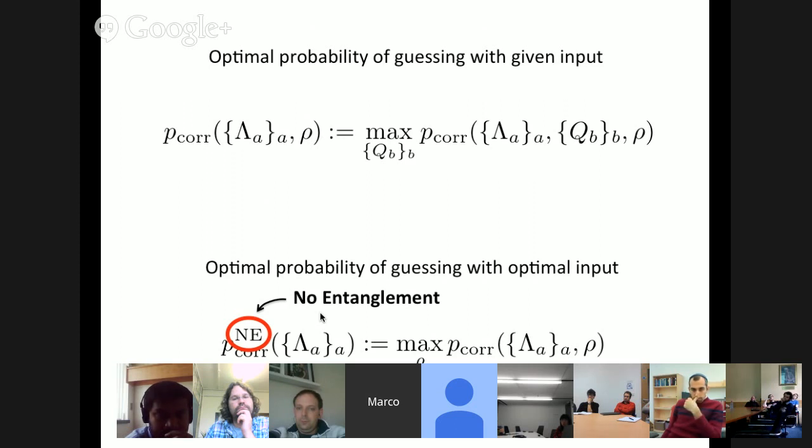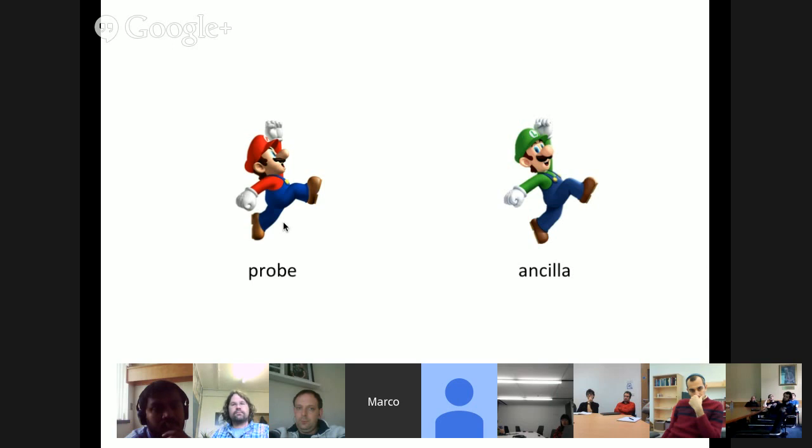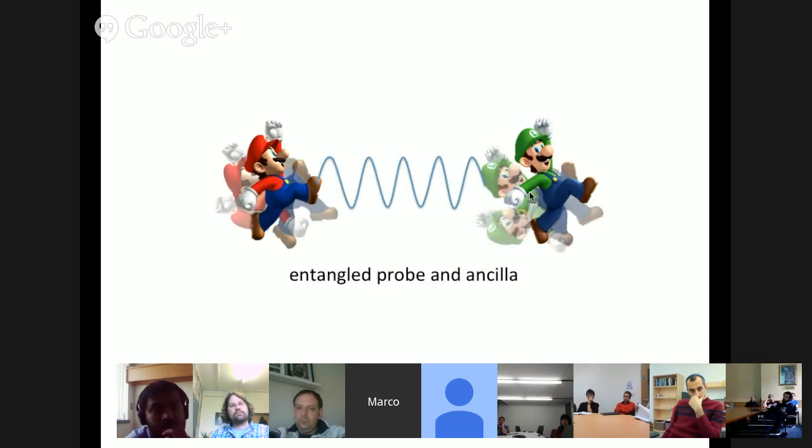But indeed, entanglement is possible in quantum mechanics. It can be used in the task. How does that happen? Well, so far we have dealt with the probe, this Mario, and he could have some help from an ancilla here, Luigi. And we will in particular focus on the case where probe and ancilla are entangled.